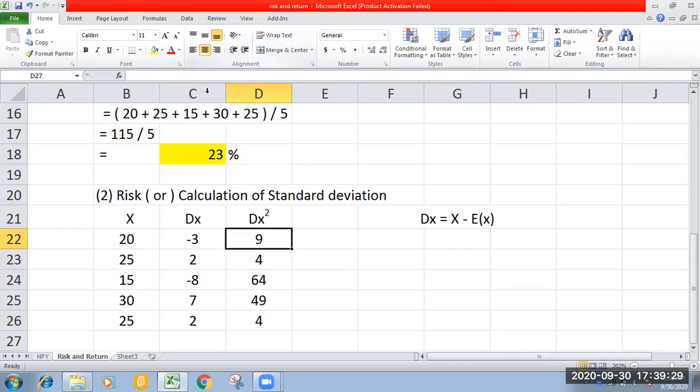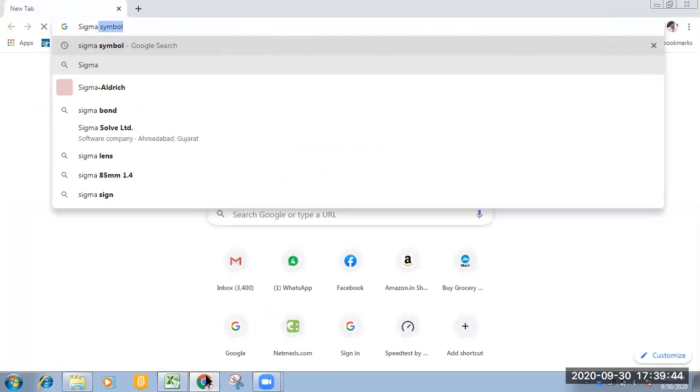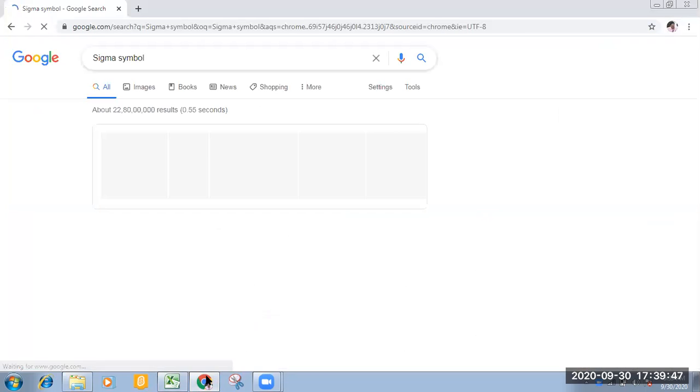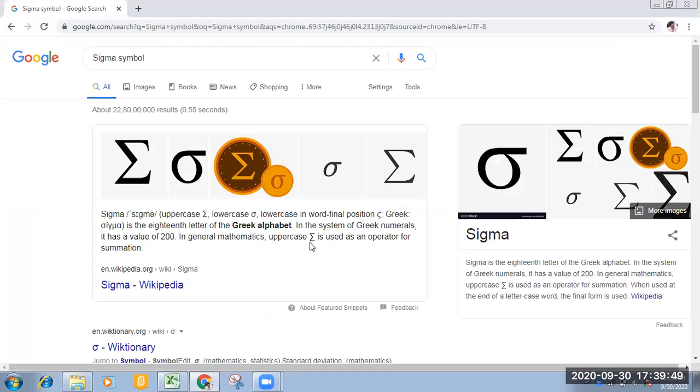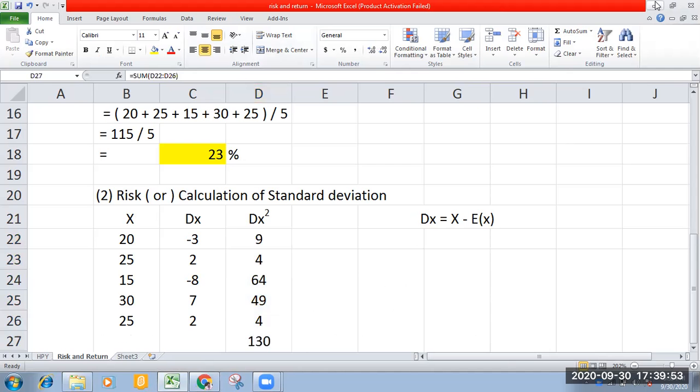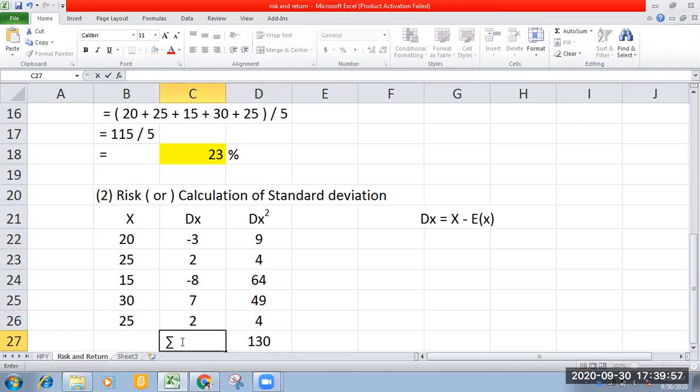You can take the total of all these 5 numbers, which is 130. This 130, we call it sigma dx square.